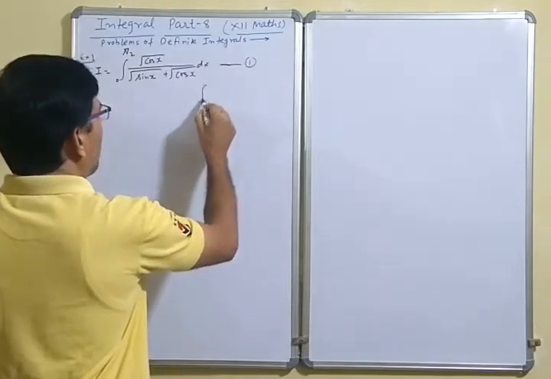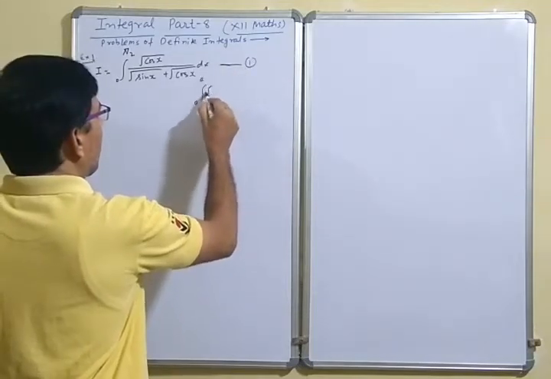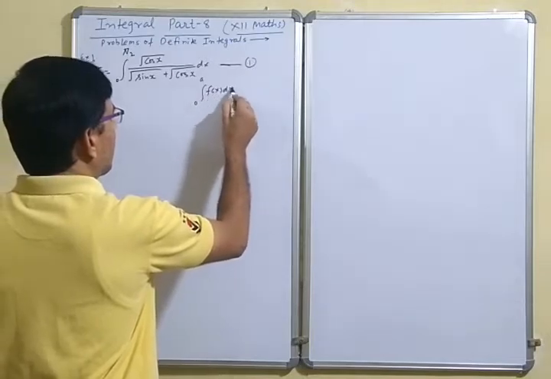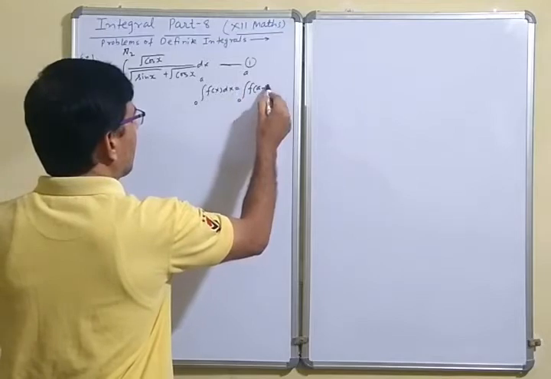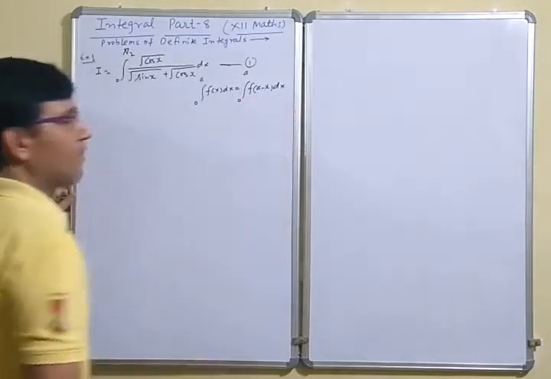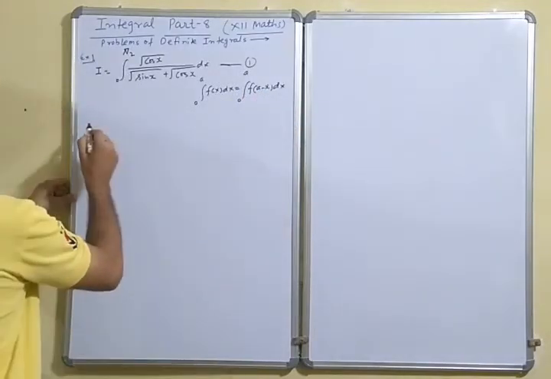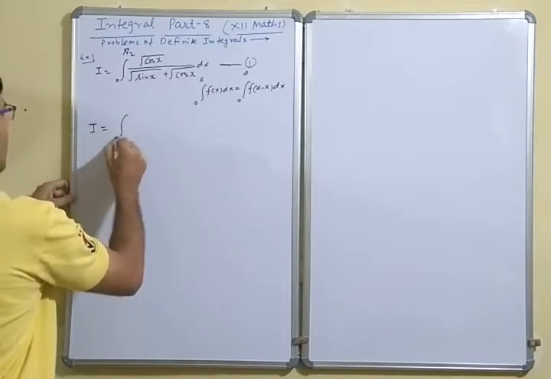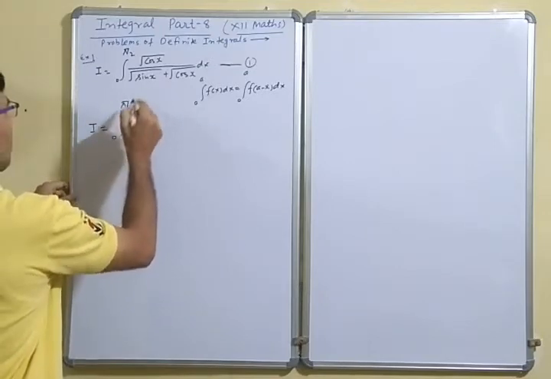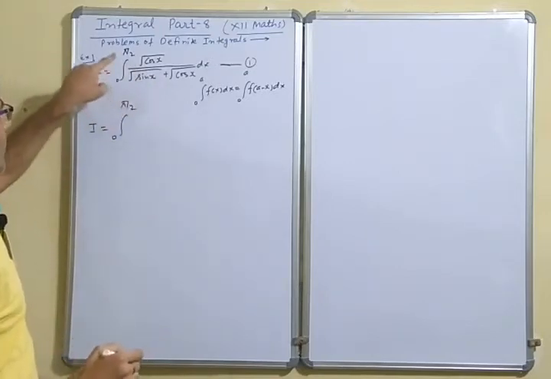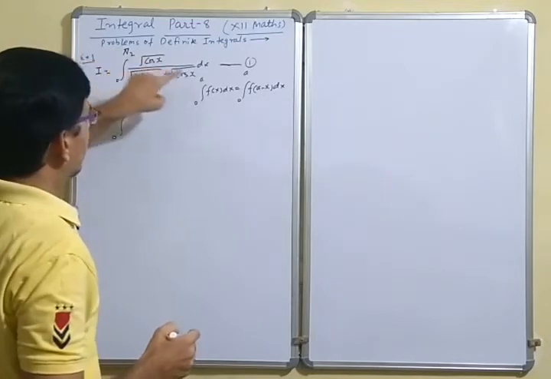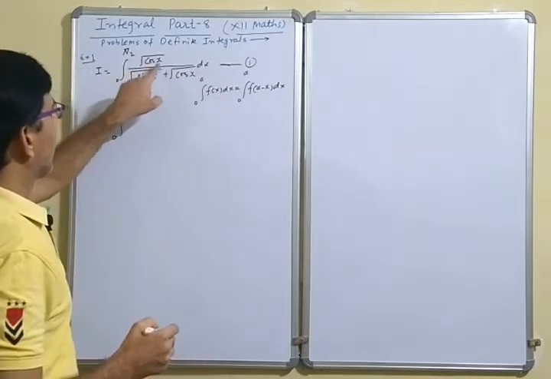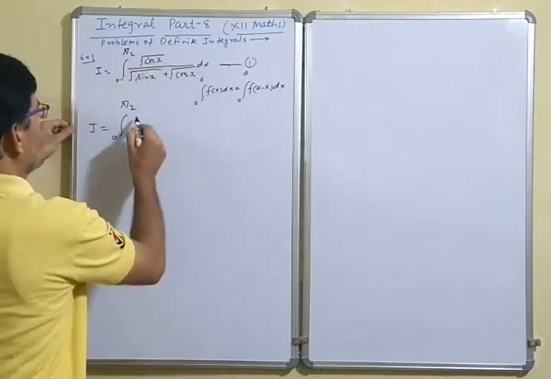Now here we will apply the property integral 0 to a of f(x) dx is equal to integral 0 to a of f(a minus x) dx. So what happens? I becomes integral 0 to pi by 2 of cos(a minus x), where a is pi by 2, so cos(90 minus x), that is sin x.